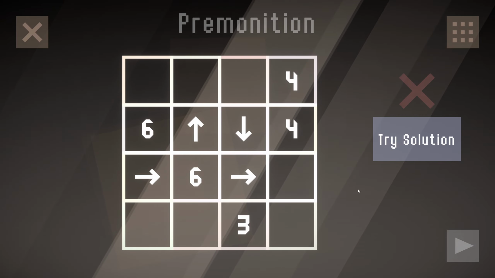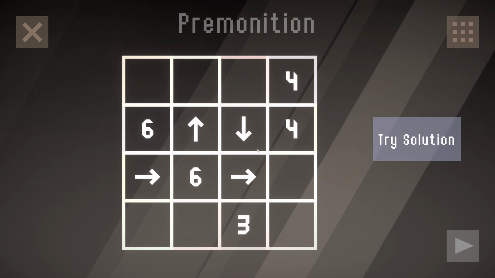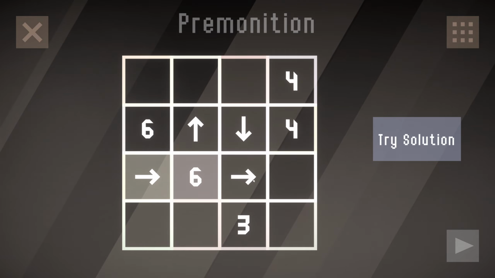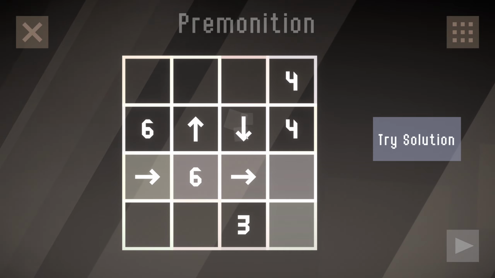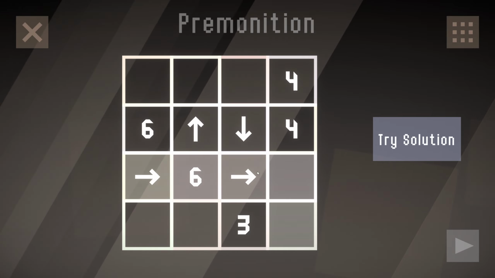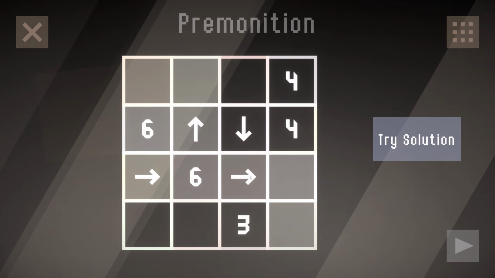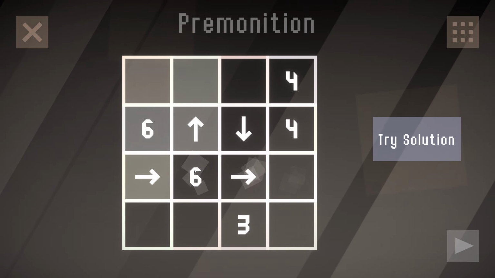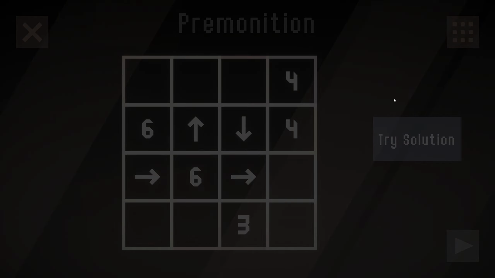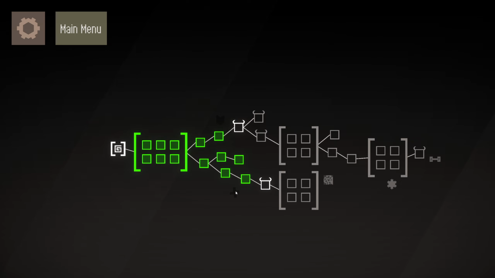Although, it wants me to specifically try a solution as well. Makes that more difficult. My brain has forgotten the rules on how arrows want to work, and that is not helpful. We've got heaps of stuff through here as well.